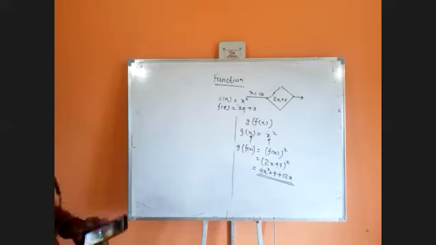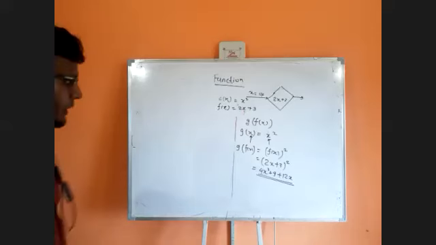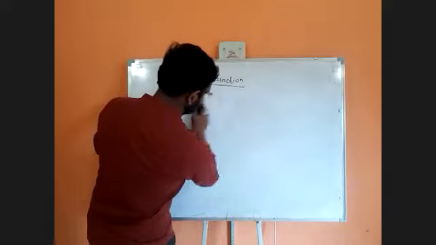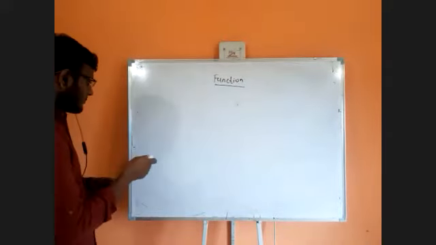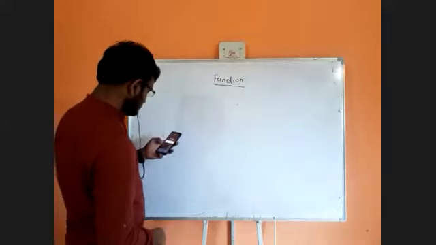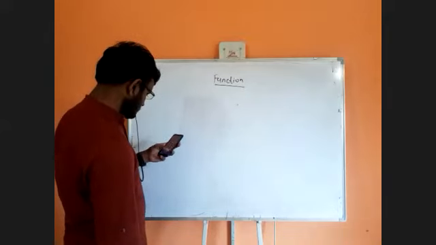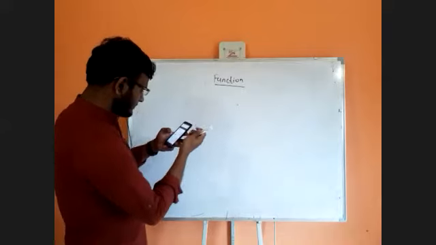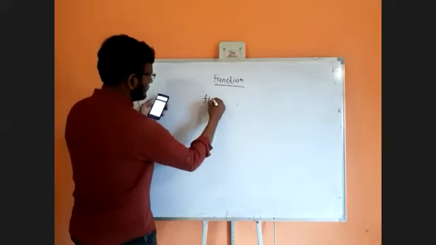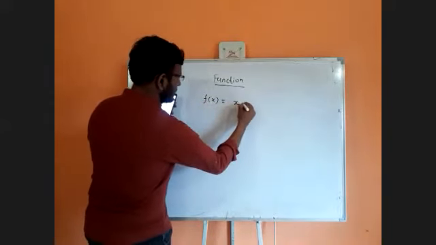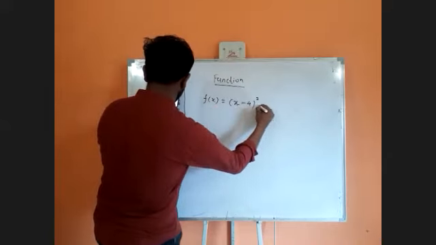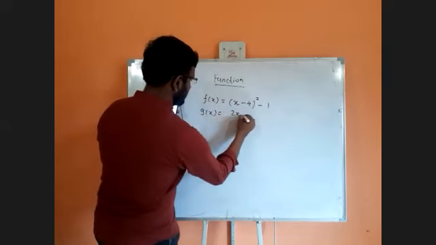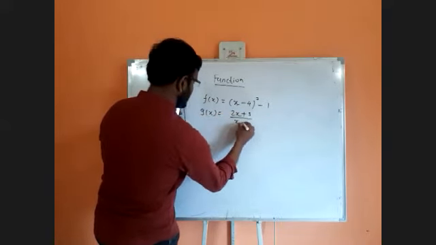Okay. So let's do some textbook questions to understand it further. f of x is given to you. f of x is x minus 4 whole square minus 1, and g of x is 2x plus 3 divided by x minus 2.